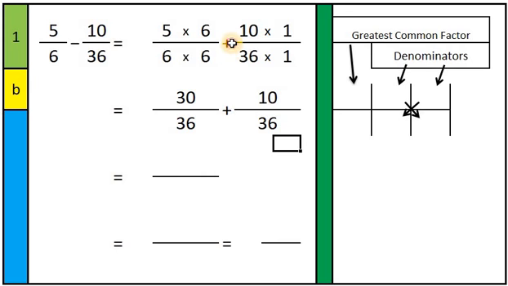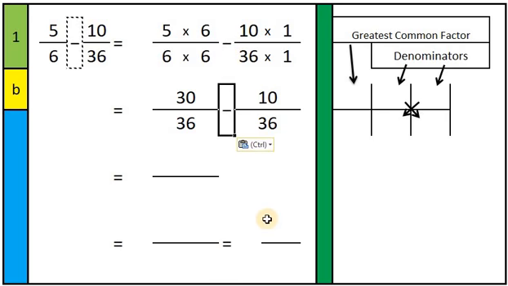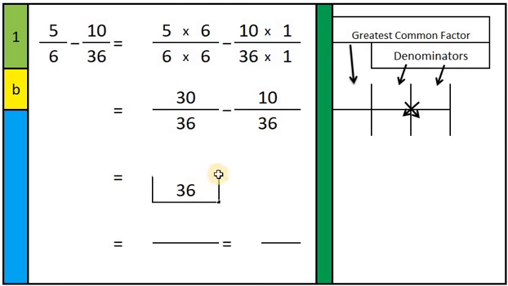I'm sorry, actually this one should be a minus. So this is a minus, and 30 over 36. We have the same denominator, so we can do the subtraction. 30 minus 10 is 20, and then we need to have this in the simplest form.